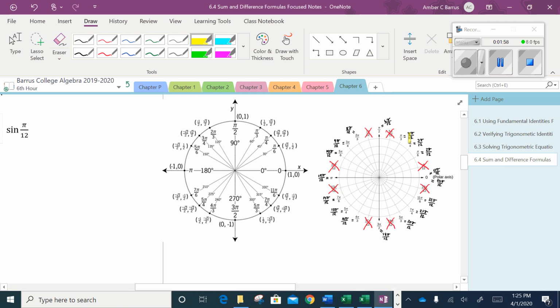I'm going to take 4 pi over 12, which is pi over 3, and subtract 3 pi over 12, which is pi over 4. So I can rewrite the sine of pi over 12 as the sine of pi over 3 minus pi over 4.